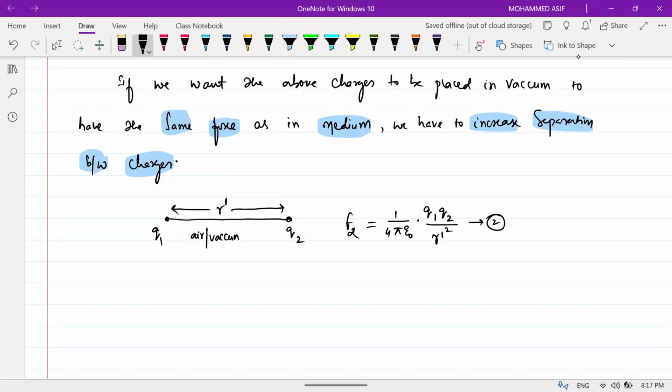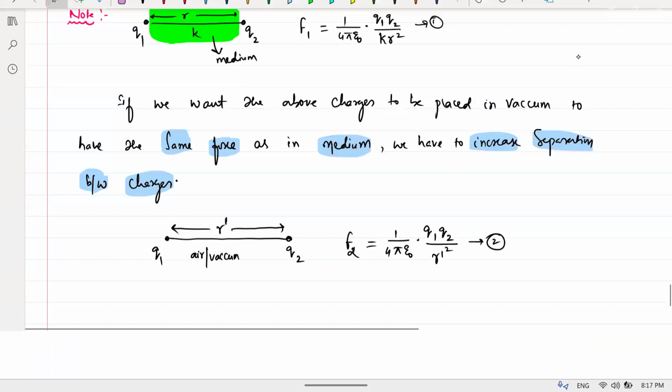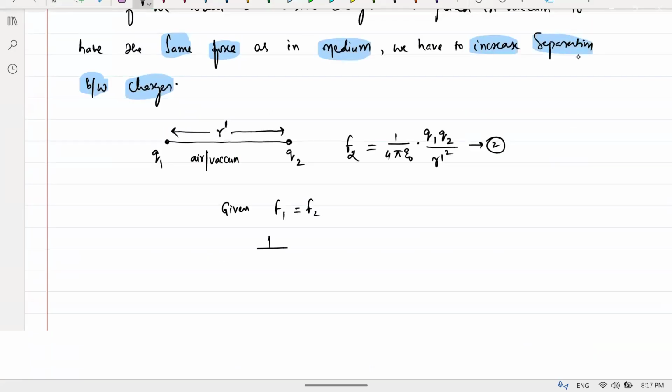Given in the problem that they have the same force, F1 is equal to F2. F1 is 1 by 4 pi epsilon naught into Q1 Q2 divided by K into R square, which equals 1 by 4 pi epsilon naught into Q1 Q2 divided by R dash whole square.